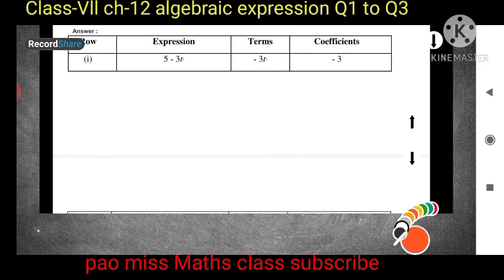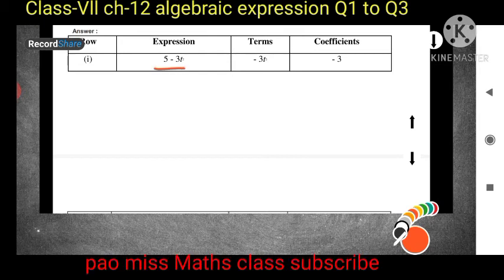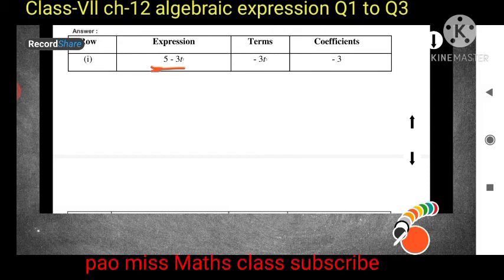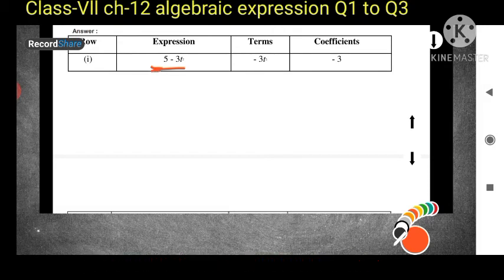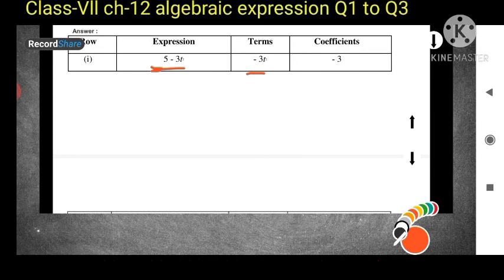Now 5 minus 3t square. In the question itself it is said excluding the constant, isn't it? Other than the constant it is written, so you will not see the constant part. So leaving this constant, what is the term here? Minus 3t square. Okay, you have to see the negative or positive sign also. Here it is negative, so we have to give negative. Minus 3t square.